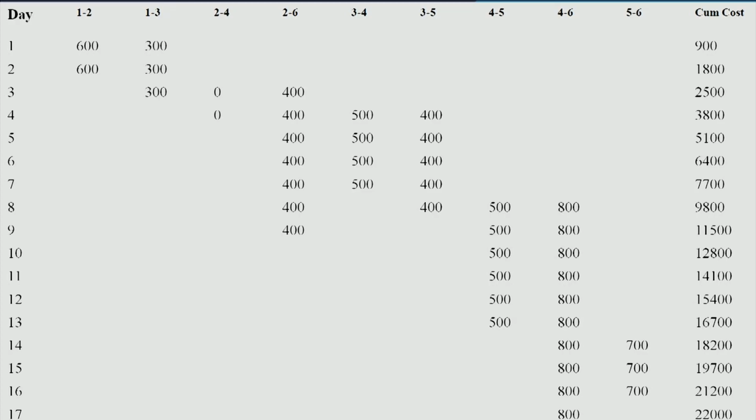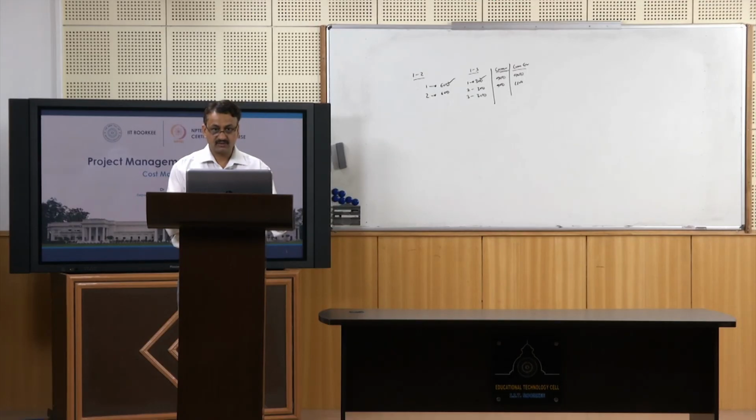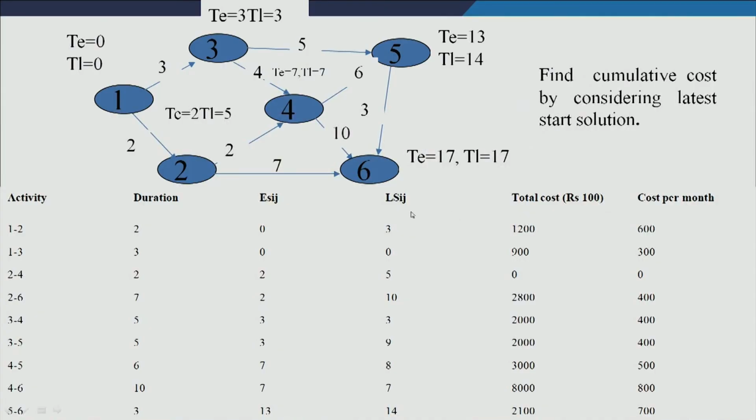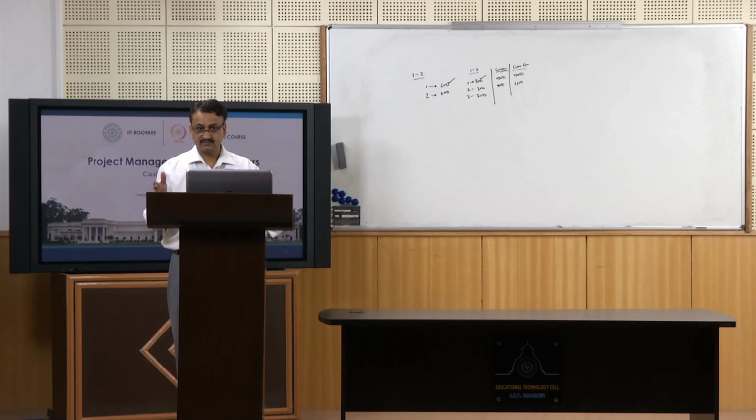So, it is sometimes good to schedule your activities according to latest start time rather than earliest start time. But keep in mind that when you go for the second option, latest start time, you do not have any slack or float. You must complete those activities in the latest completion time period.